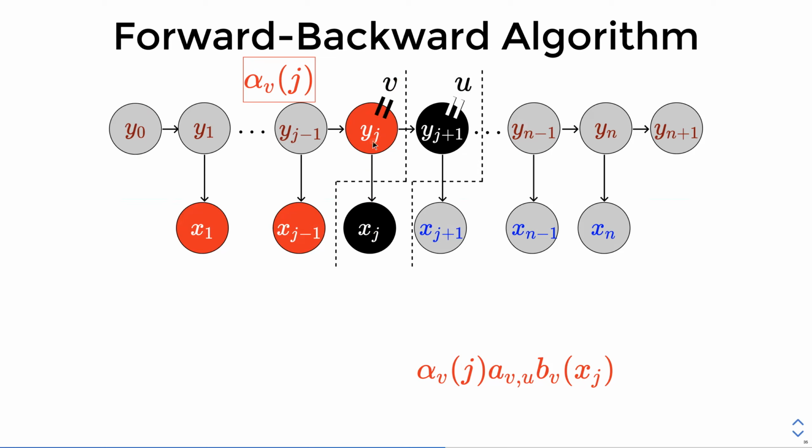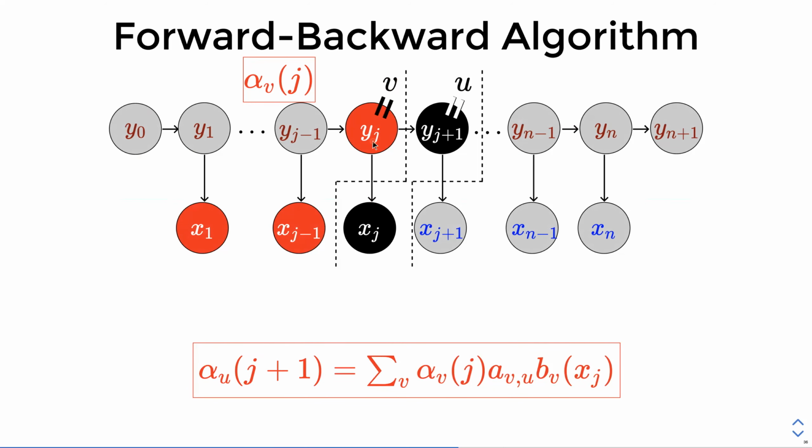So we have to take the summation. And that gives me the original alpha uj plus 1, which involves everything from here up to here plus this node. So that's a different way to help you understand the recurrence relation.